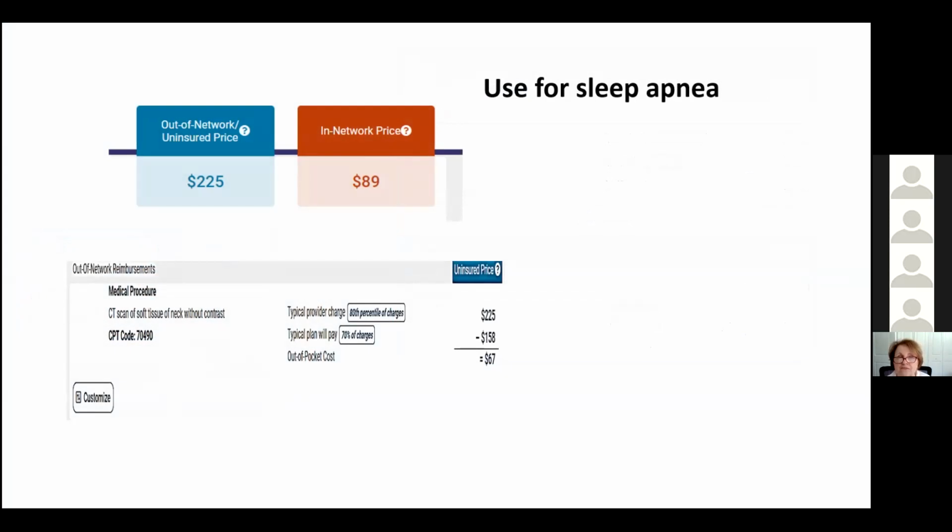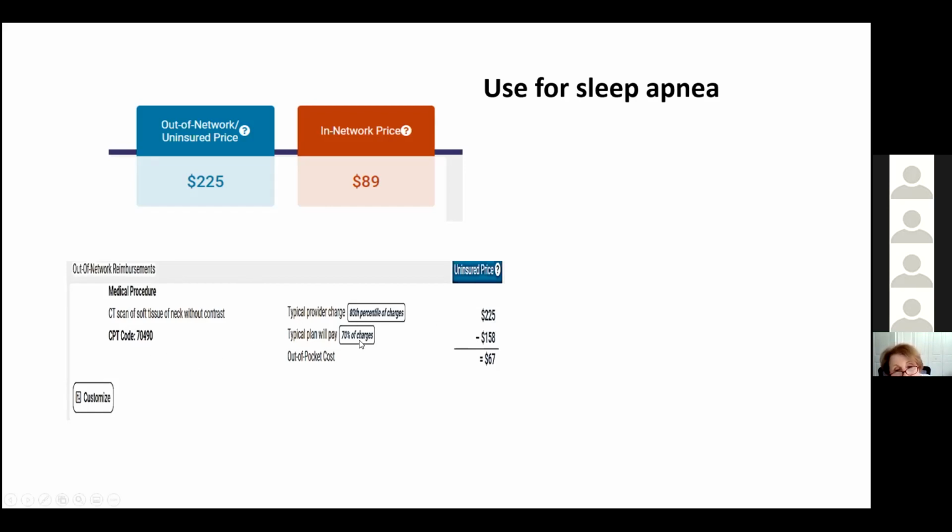Again, here is one for the soft tissue part of the scan only, because a lot of my ortho doctors will look at the soft tissue in the CBCT part of the scan, specifically for patients that have typical sleep issues for children. Here you could see at the 80th percentile, the average billing was $225.